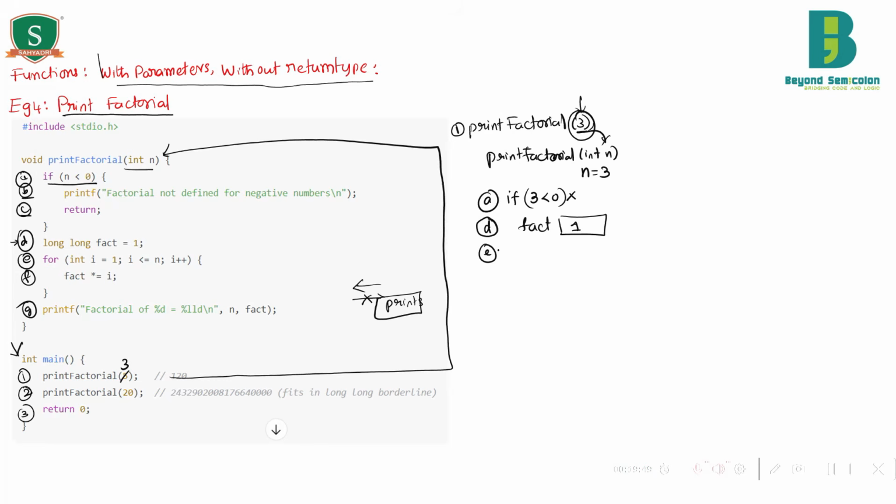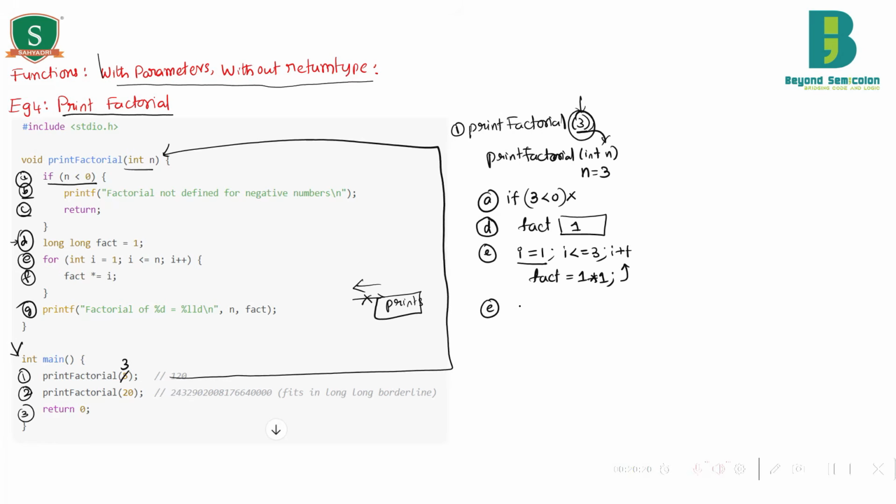Next, E, it is a for loop. I is equal to 1, less than or equal to n value is 3. Here factorial is equal to, already factorial value is 1 multiplied by I value, that is 1, and do the increment I++.